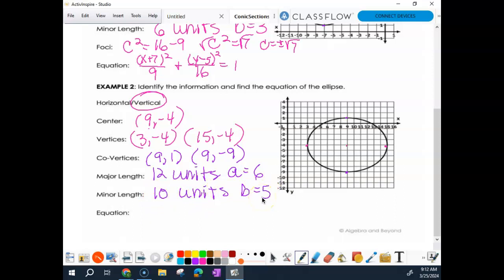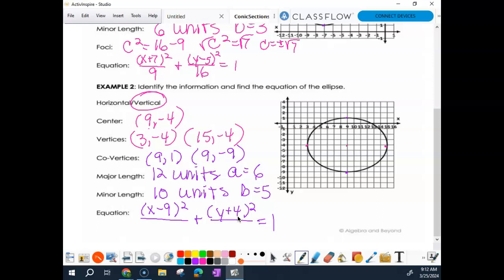So the last thing I need is the equation. So let's fill in the center. So I have minus 9 and plus 4. And where does my A value go this time?